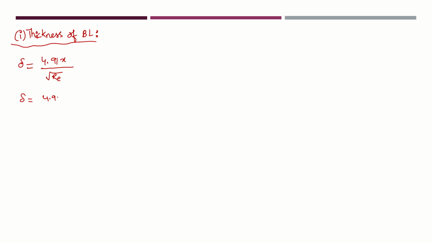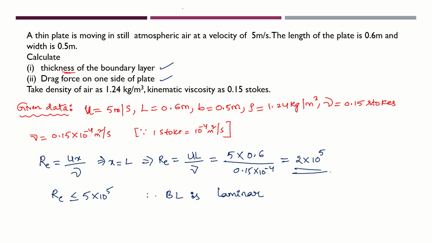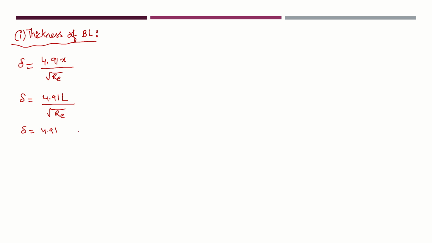So 4.91 into, here again x becomes L because we are going to calculate over the entire length of the plate. So delta is equal to 4.91 into, what is the length of the plate? We have 0.6, divided by the square root of Reynolds number, which is 2 into 10 power 5.